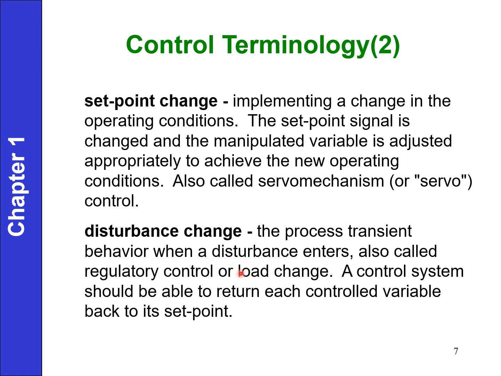A good control system should be able to return each control variable back to its set point. So these are two important things when we do process control, the performance of our unit operation or of the whole system.